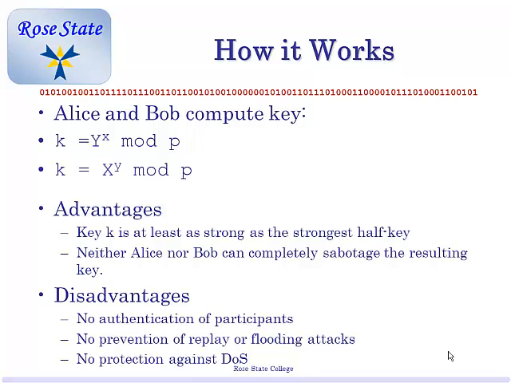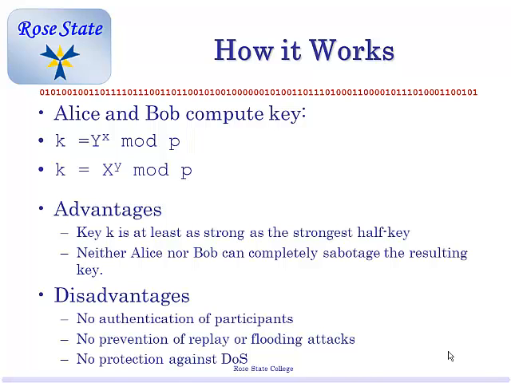It's very simple. Now, advantages. It says key K is at least as strong as the strongest half key. Neither Alice nor Bob can completely sabotage the resulting key. We can't see what the other person has because I never gave you that initial large X or large Y random number.